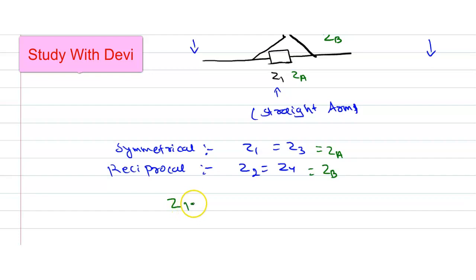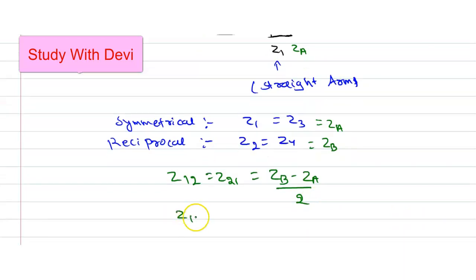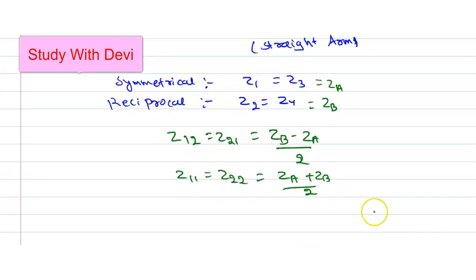Here Z12 equal to Z21 equal to, directly you can write, ZB minus ZA by 2. And Z11 equal to Z22 equal to, you can write, ZA plus ZB by 2. This is the explanation of the lattice network.